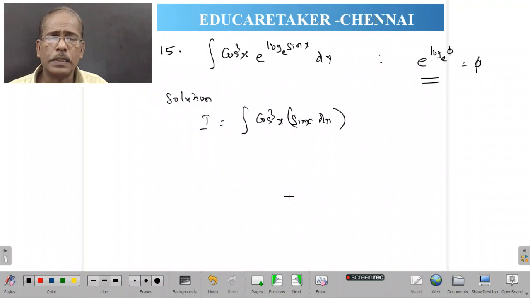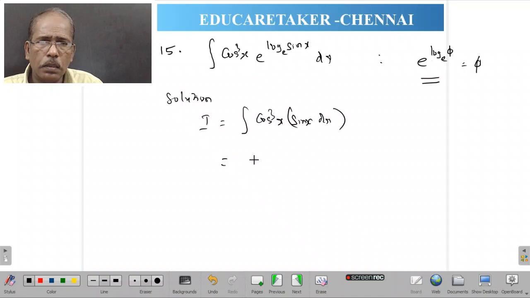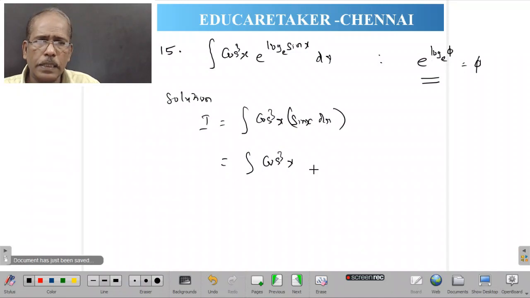The sin x is a derivative of minus cos x. So integral of cos cube x, how to write sin x dx, as derivative of minus cos x.